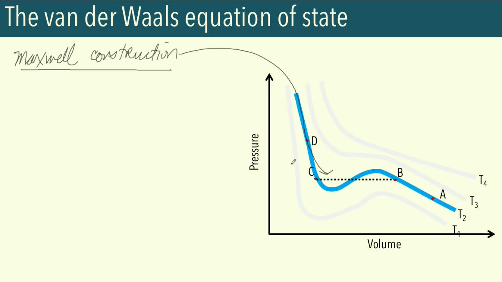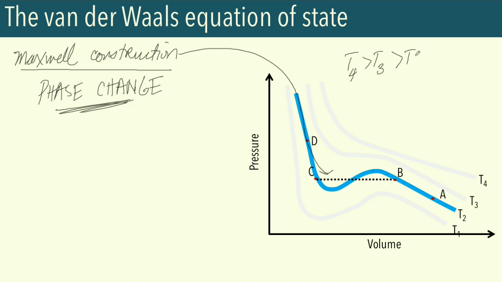So what exactly happens at your Maxwell construction? What's happening here is that you see a phase change. Note that only these squiggly lines here are observed for relatively low temperatures. Note again that temperature 4 is greater than temperature 3, is greater than temperature 2, is greater than temperature 1.